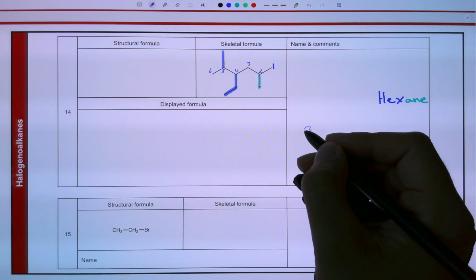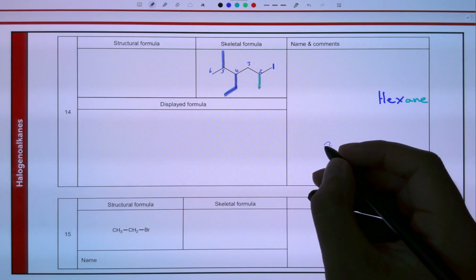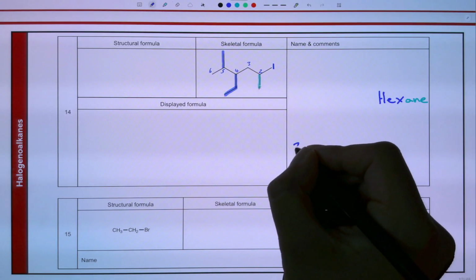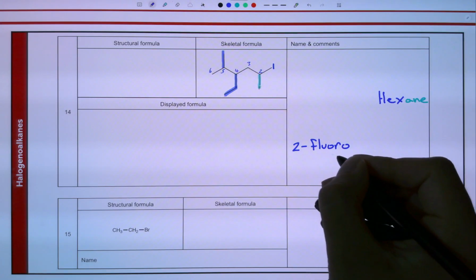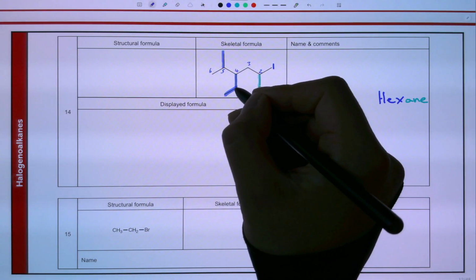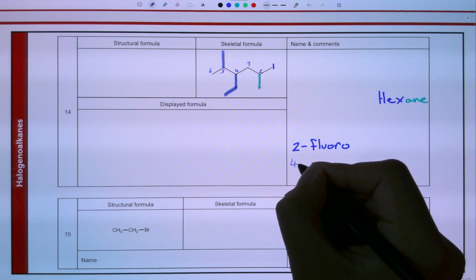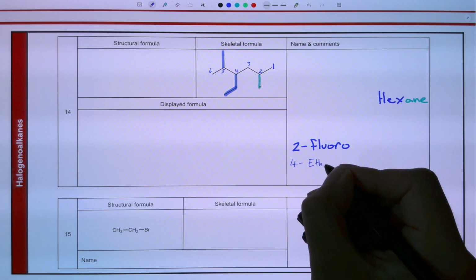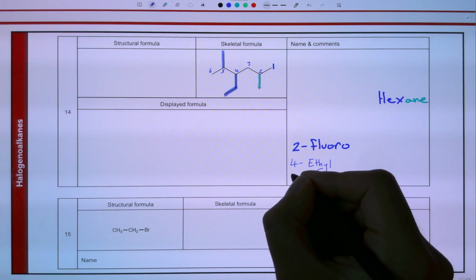The functional group is given priority, and so we have 2 fluoro, we have 4 ethyl, and we have 5 methyl.